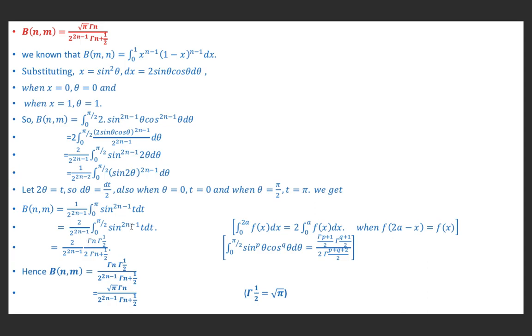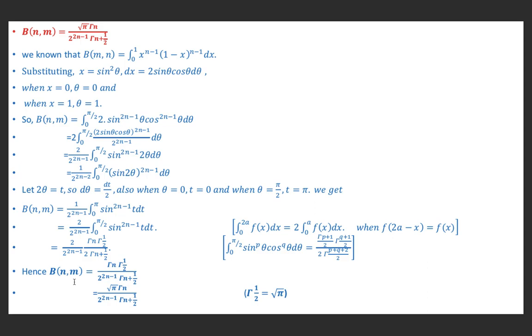For cos, the power is 0, so 0 plus 1 upon 2, this is gamma half. In the denominator, 2 times gamma of (p plus q plus 2) upon 2, so 2n minus 1 plus 0 plus 2 upon 2, so it is gamma of n plus half. Gamma half, we know that it is under root pi.